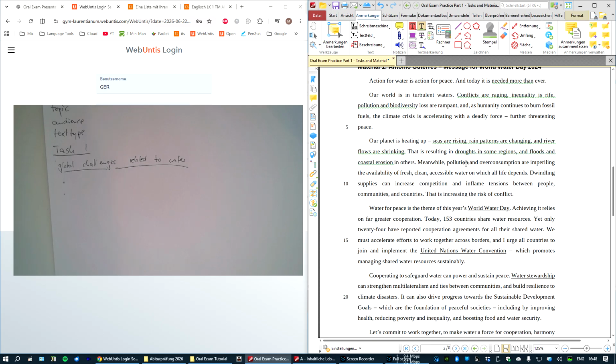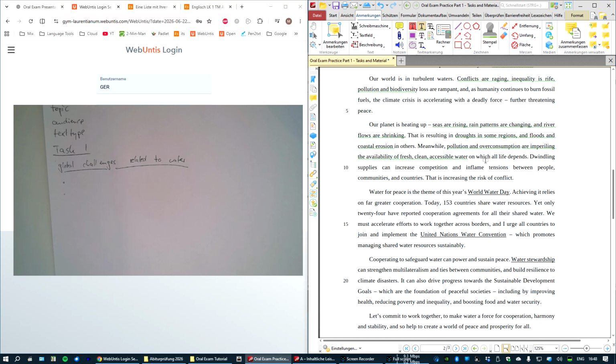Yeah. Again, pollution and overconsumption, imperiling availability of fresh, clean, accessible water. Let's mark this all up, on which all life depends. Yeah, so a very important aspect, but we all know it. Still, it's important that it's mentioned. Increase competition and inflame tensions between people.